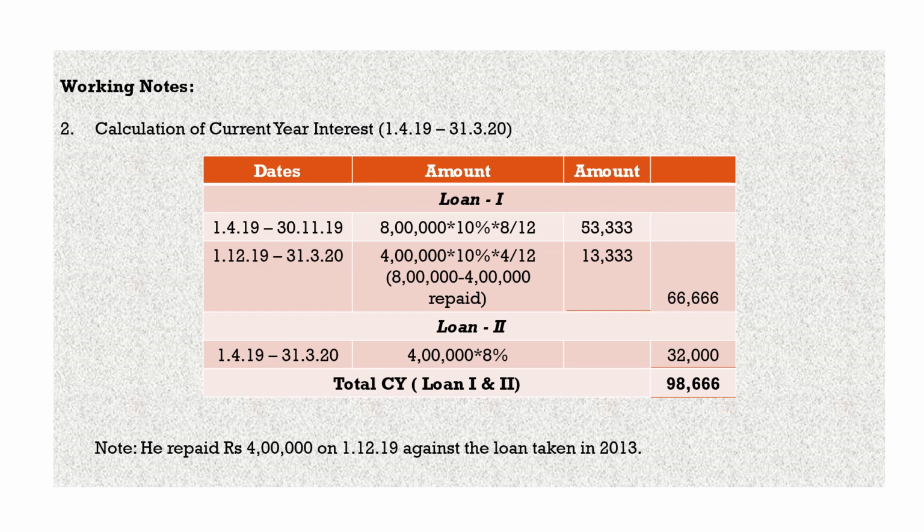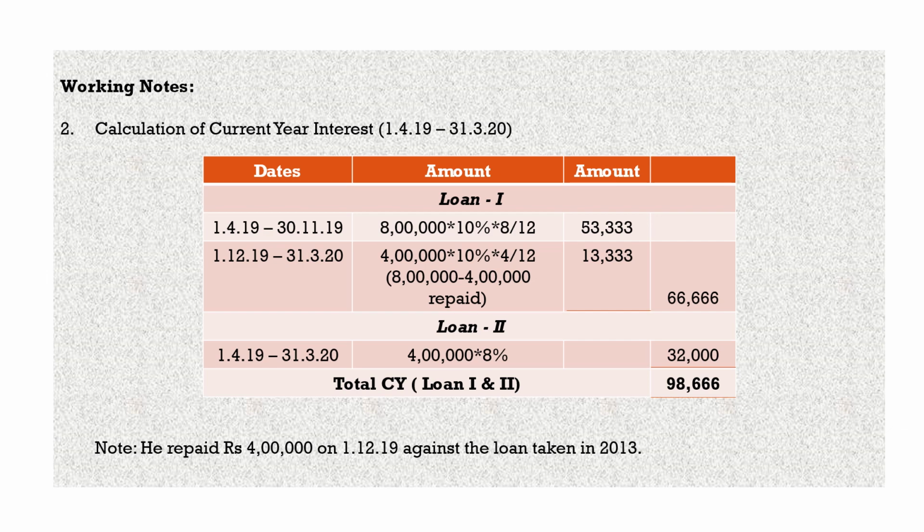The interest for the period between 1/4/19 to 30/11/19 will be for 8 lakhs, amounting to 53,333, and the interest for the period 1/12/19 to 31/3/20 will be for 4 lakhs, because out of 8 lakhs, 4 lakhs he has repaid. And that is for 4 months, which amounts to 13,333.